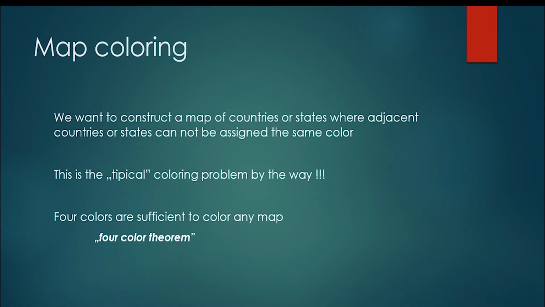And of course the map coloring. This is the typical coloring problem, by the way. We want to construct a map of countries or states where adjacent countries or states cannot be assigned the same color. Several mathematicians came to the conclusion that 4 colors are sufficient to color any map. This is the so-called 4-color theorem.